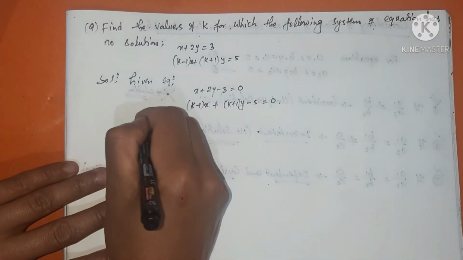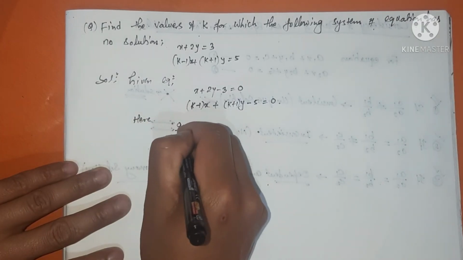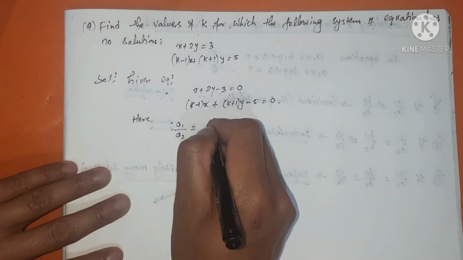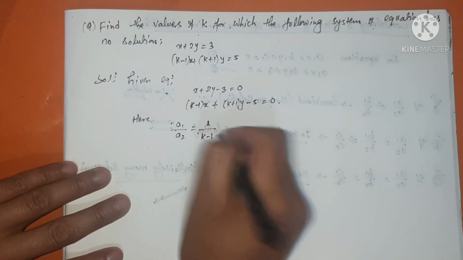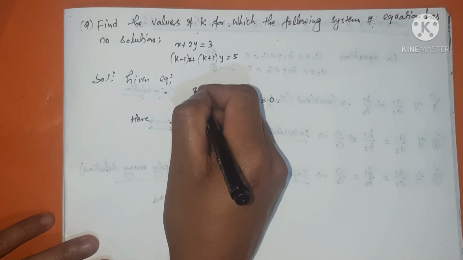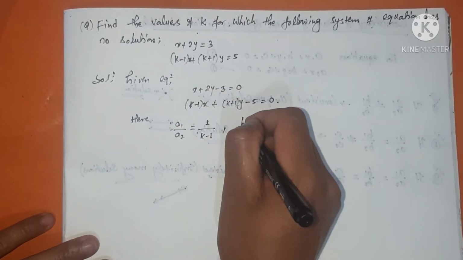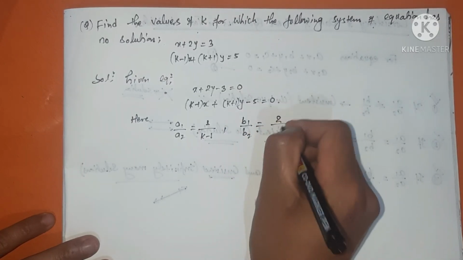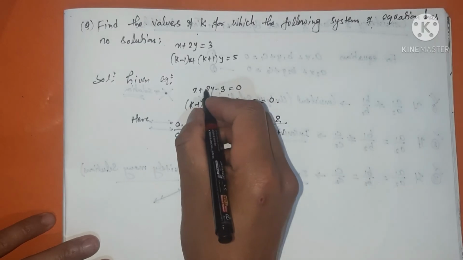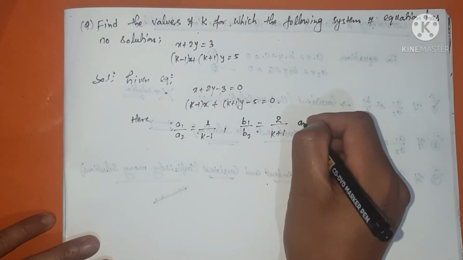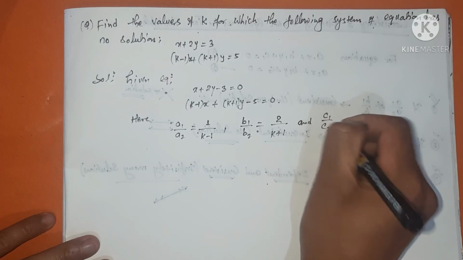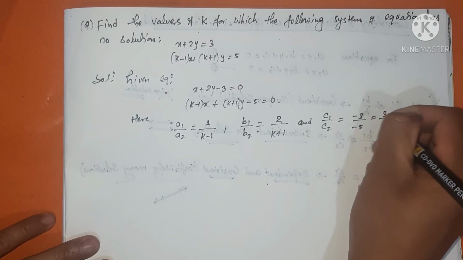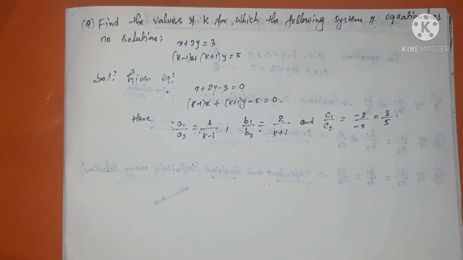Now here, what will be a1 by a2? a1 by a2 will be 1 by k minus 1, isn't it? The coefficient of x is 1 here, here it is k minus 1. Similarly b1 by b2 will be 2 by k plus 1, coefficient of y, and c1 by c2 is minus 3 by minus 5, or simply say 3 by 5, as minus minus cancelled.